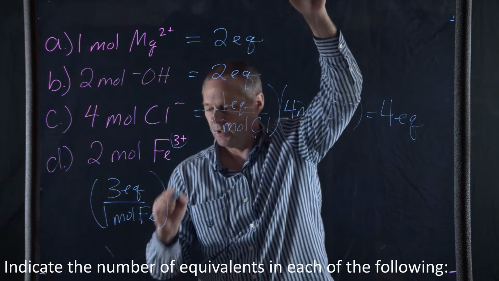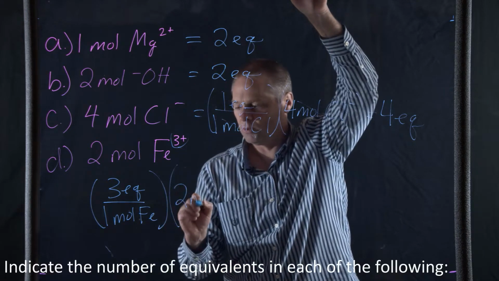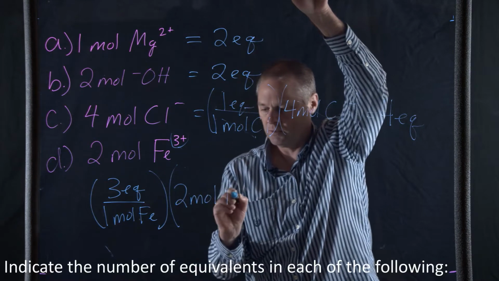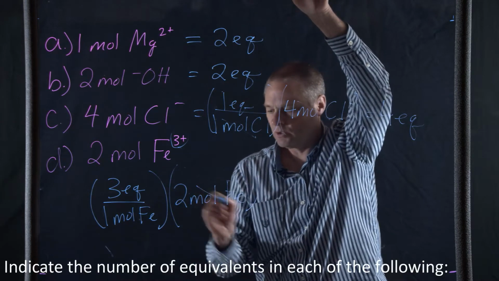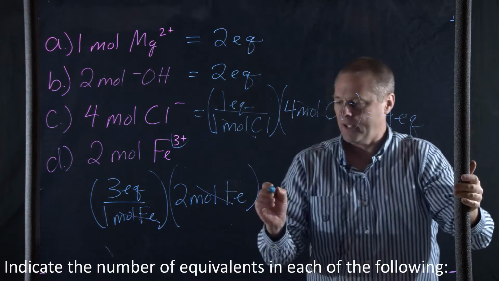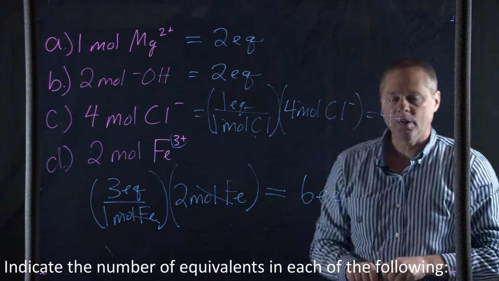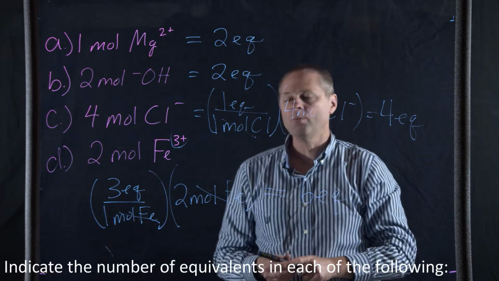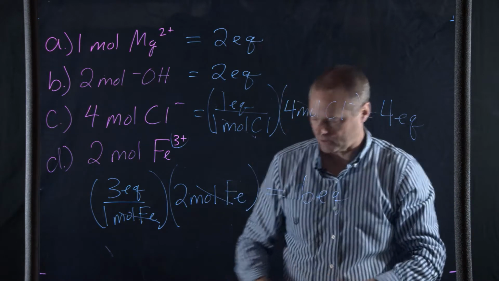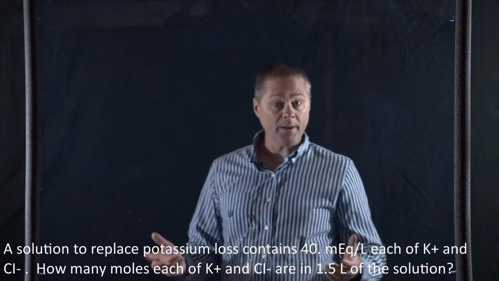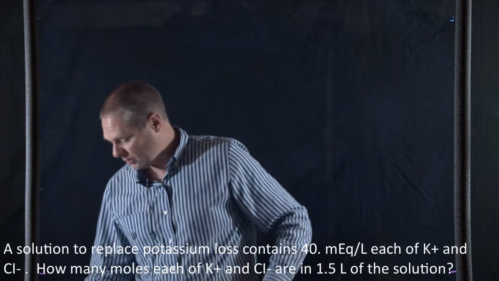We have 2 moles of iron, so the moles cancel, and we get 6 equivalences of charge if we happen to have 2 moles of iron 3 ions.